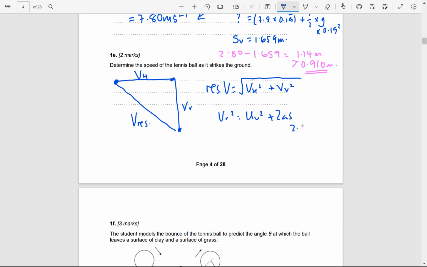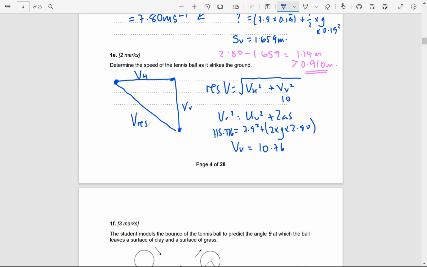So by the time it has fallen 2.80 times by g times by 2, plus its initial speed, which was 7.8 squared, its final speed squared is 115.776. So its final speed is the square root of that, which is 10.76.